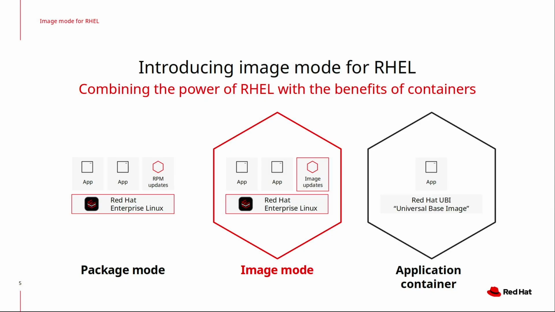There's a number of flavors of UBI images based on what you're trying to do, from very small to micro, which doesn't have any concept of a package manager, all the way to a full-blown systemd init UBI, which can do system services and acts more like a traditional Linux operating system for more complex applications. So that's UBI. If you merge the two concepts, we come up with image mode.